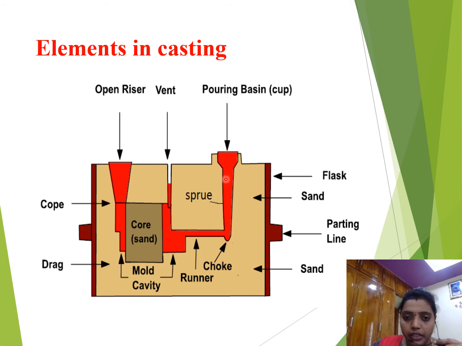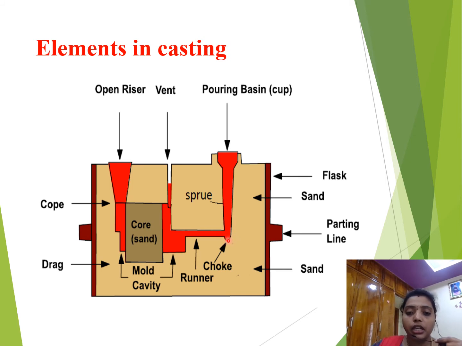After the pouring basin, it will enter into the sprue part. Under this, in some places they will keep a choke. What it is used for, we will discuss later. Choke means the sand materials which are mixed in the molten metal are left here only.